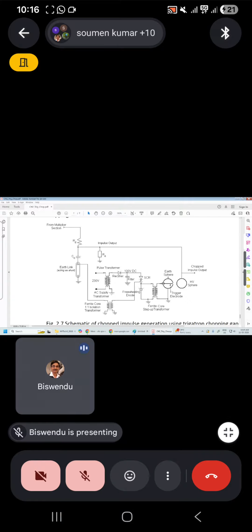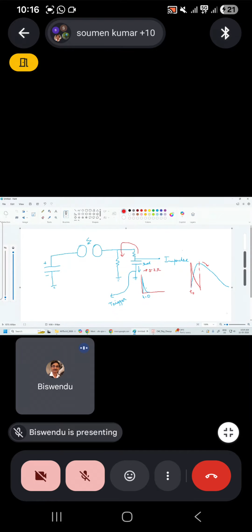So at t equal to 0, the SCR immediately fires and this ferrite core step up transformer fires the triggertron gap at almost, as I told, 1 to 3 microseconds. As soon as we get the initiating electron, the main gap fires, and what happens here?